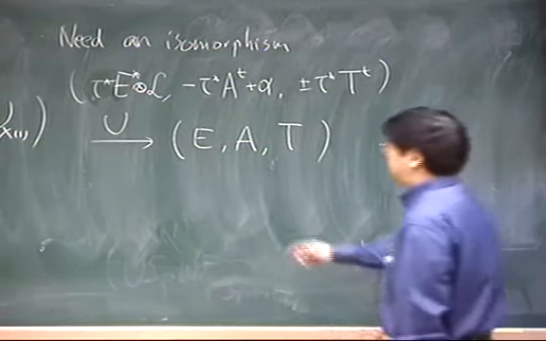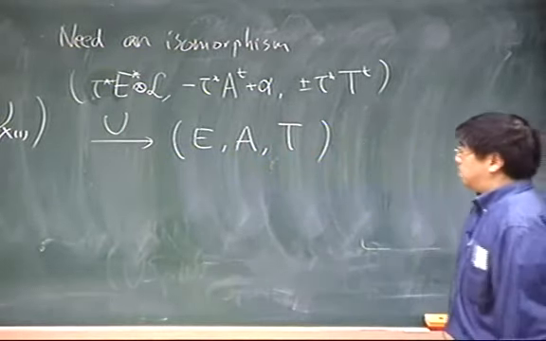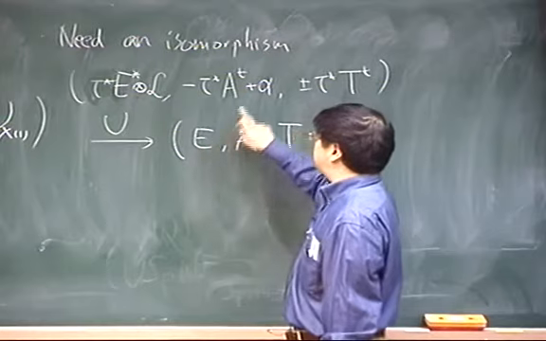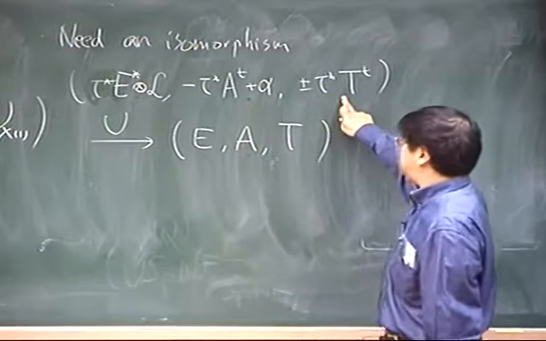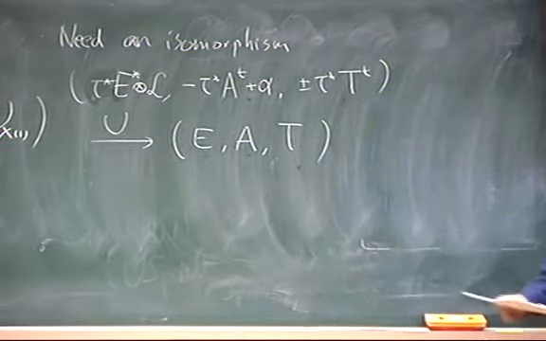That would be obtained, for example, by taking a unitary bundle map from this to this, such that this connection is sent to this, and this endomorphism is sent to this. So we want such things.